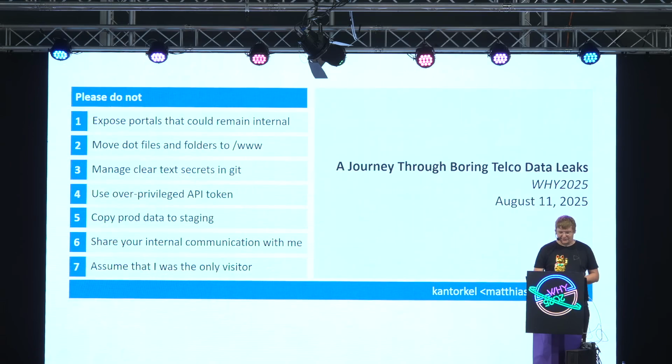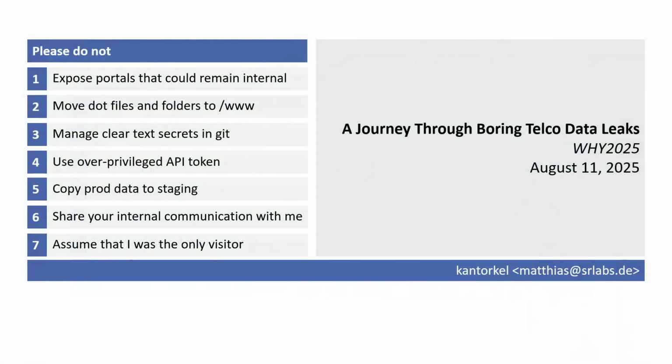So I have a few tips on what people should not do. They should not expose portals that could remain internal. Please do not put .dot files or folders into your www root. It's also not the best idea to manage clear text secrets in Git. There are better tools for this. Often API tokens were overprivileged.